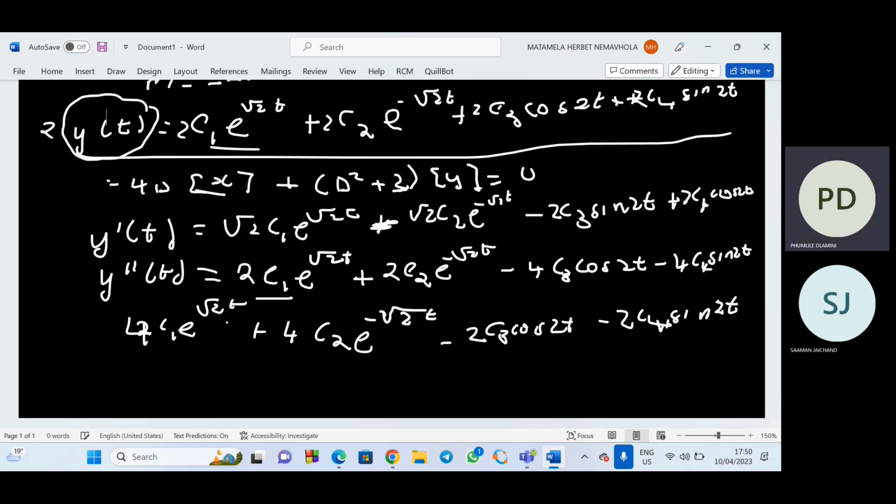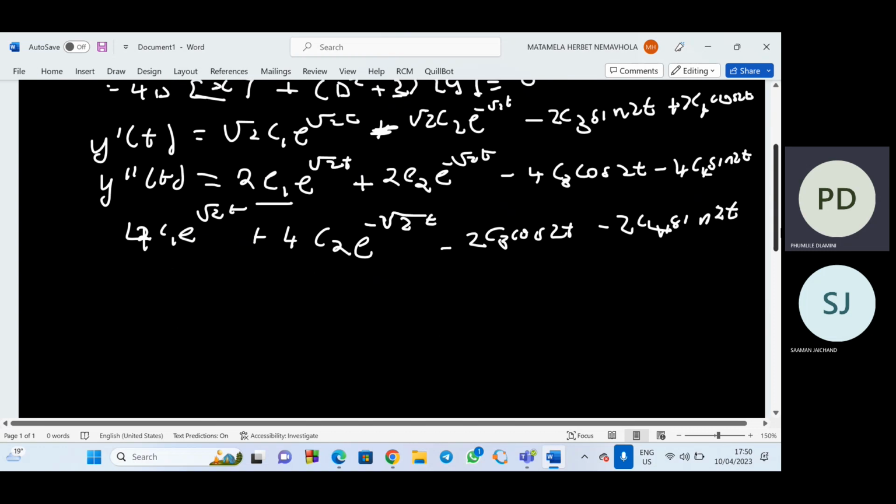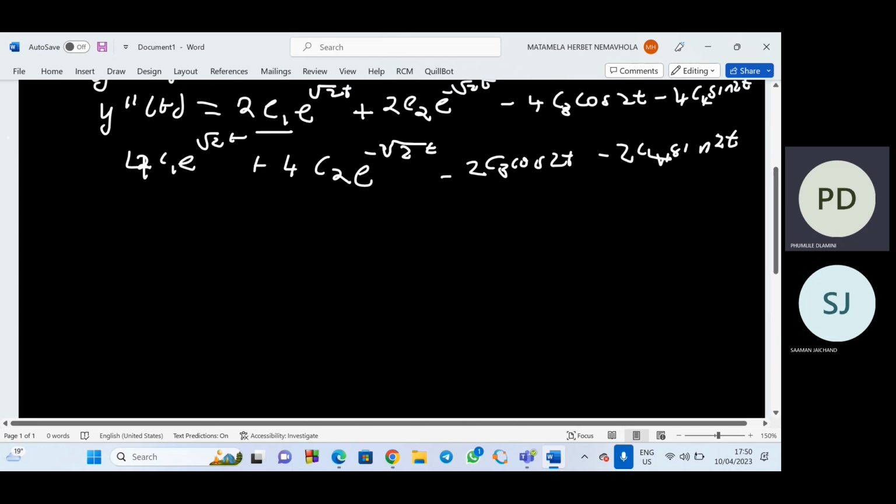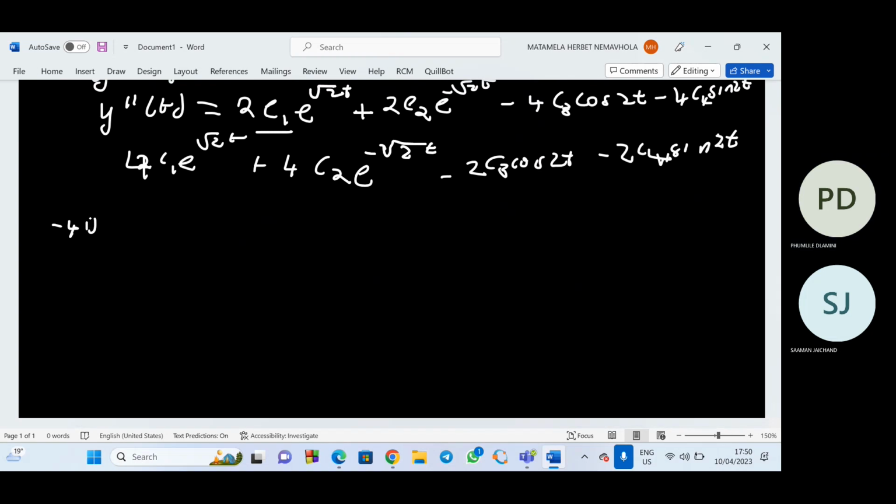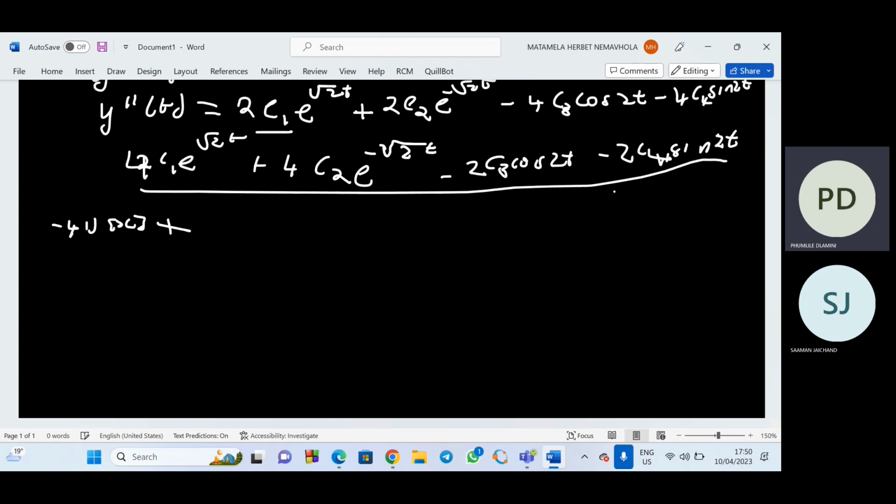So now when I have done that, I can add it to my equation, which means I'm going to have minus 4d of x, plus, I only substitute this because I already did the calculations.